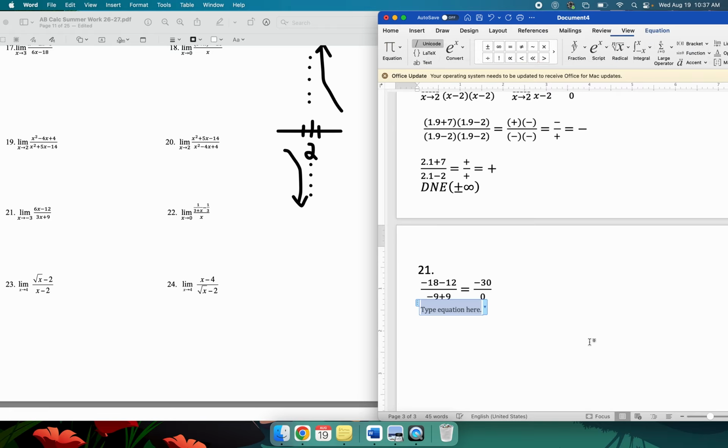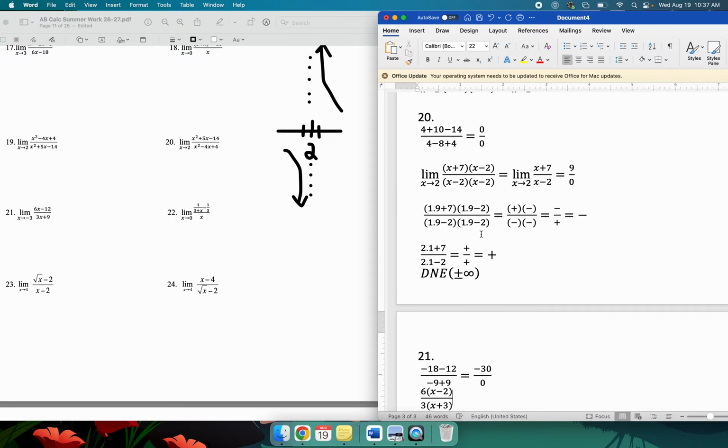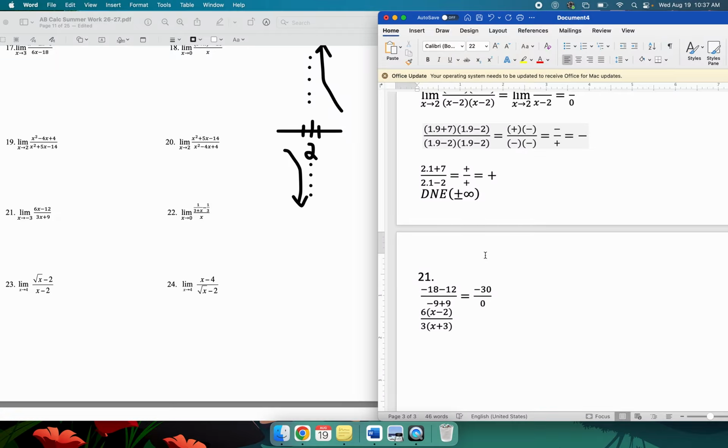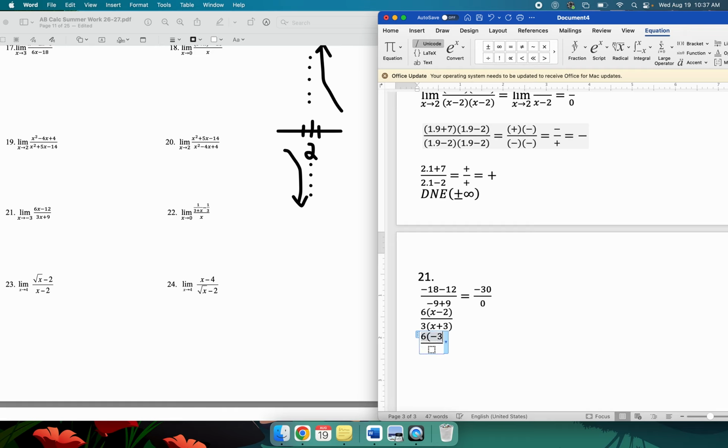I'm going to work with the factored form. You should always work with the factored form, and you can do some factoring here. 6 times x minus 2 over 3 times x plus 3. You should always factor it before doing this analysis of the positivity or negativity of the values. So I'm going to plug in a number just very close to negative 3 on the left, like negative 3.1.